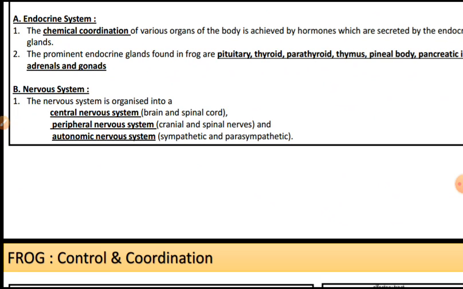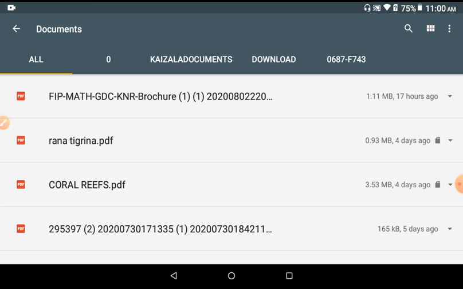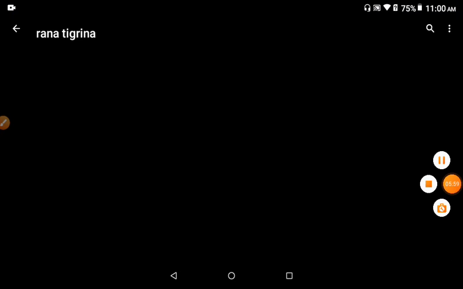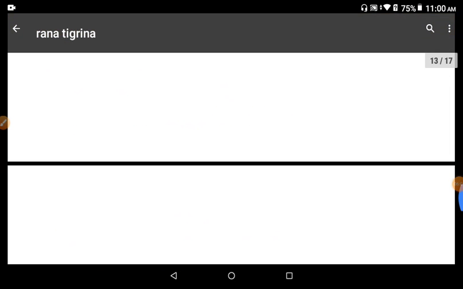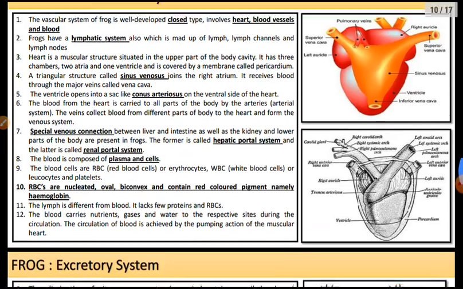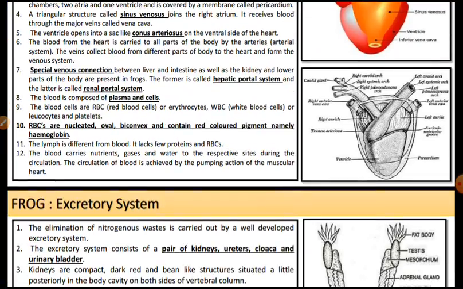The renal portal system includes the sciatic vein, femoral vein, pelvic vein, and dorsolumbar vein.